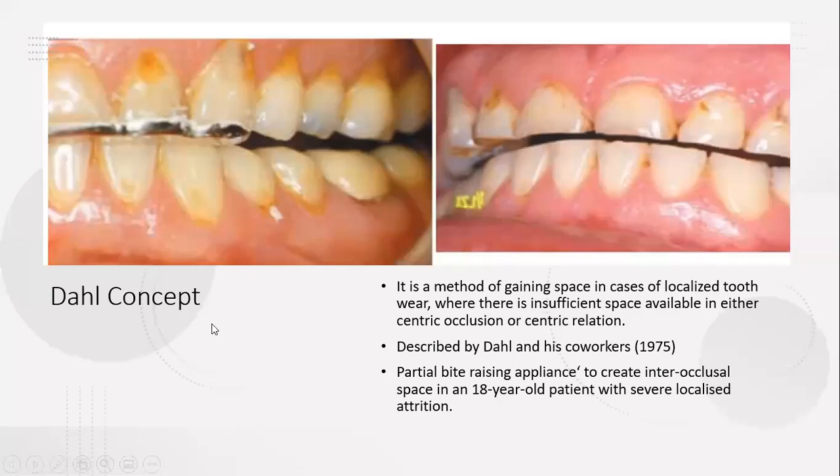Then coming to the Dahl concept, it is used when we have to increase the vertical dimension in a localized area. So it is used in cases of localized tooth wear. It is a method of gaining space in cases of localized tooth wear where there is sufficient space available either in centric relation or centric occlusion.